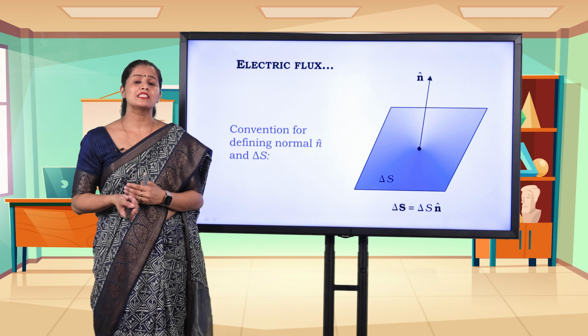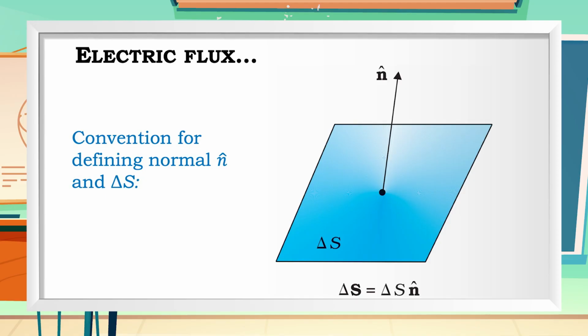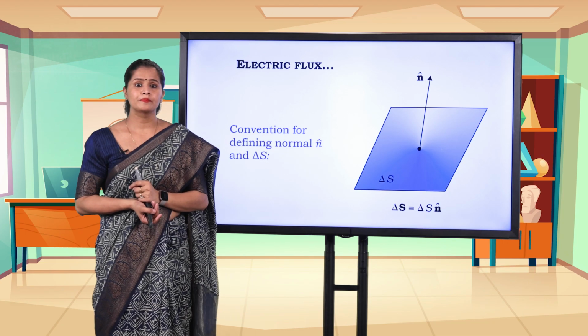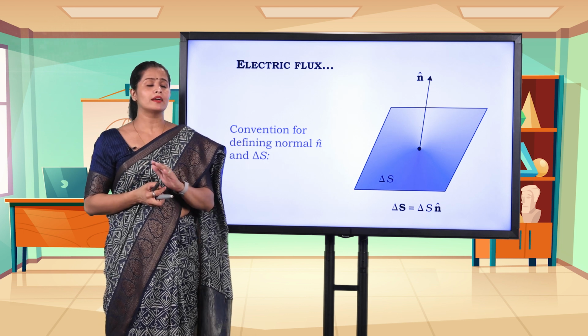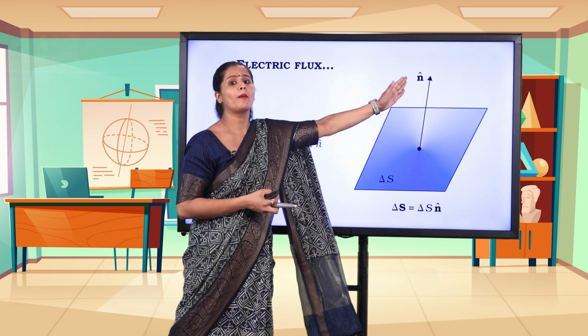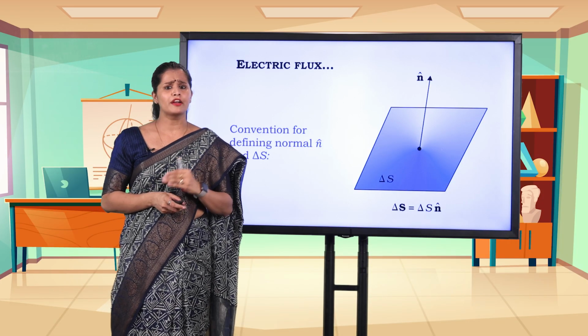But how to specify the direction of a planar area? Clearly, the normal of the plane specifies the orientation of the plane. Thus, the direction of the planar area vector is along its normal. How to associate a vector to the area of a curved surface?